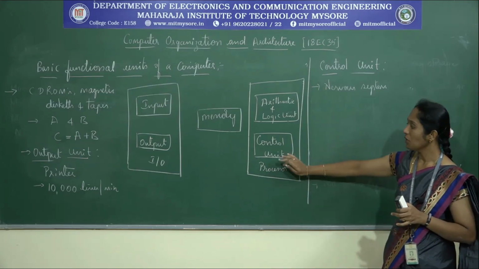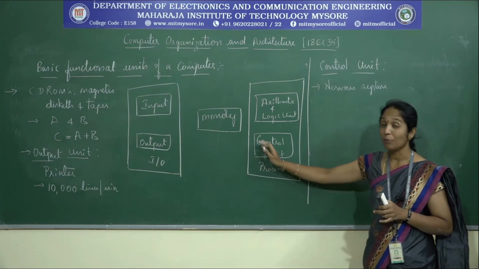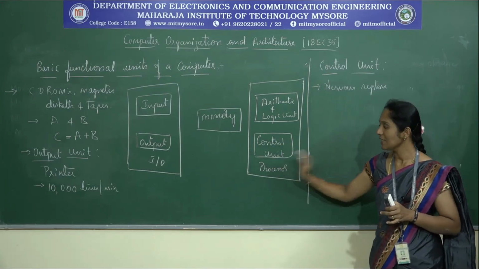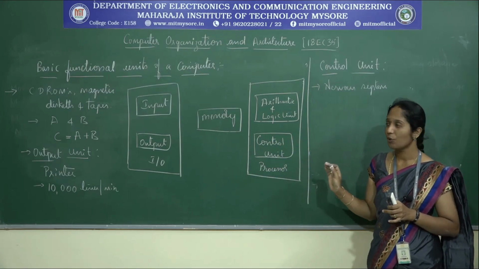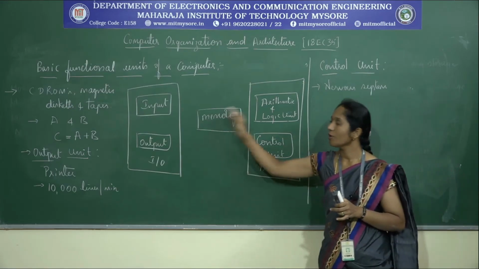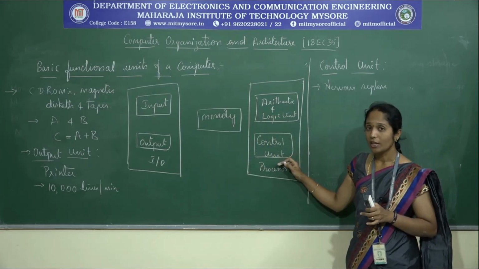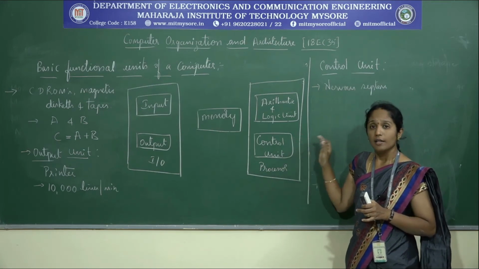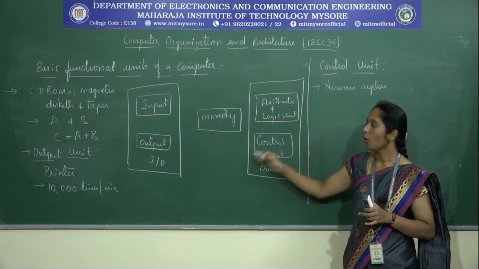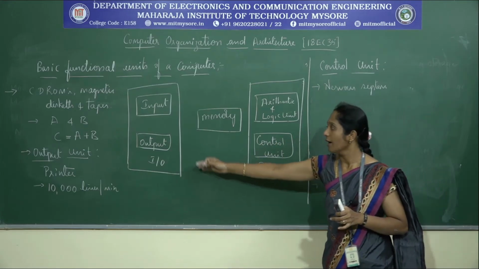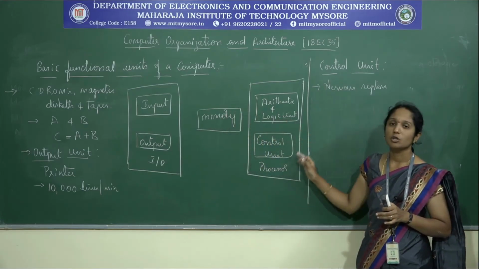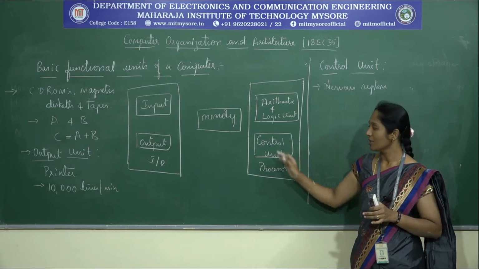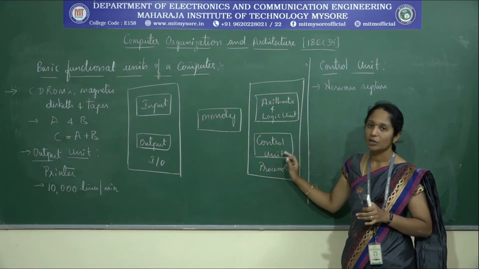Even though we represent it as a single unit, it is not a single unit, it is distributed throughout the system. The control unit generates control signals and timing signals which are carried over wires distributed throughout the computer, so it is not restricted to a single unit.